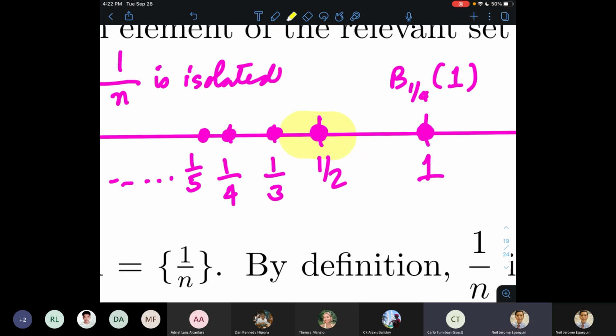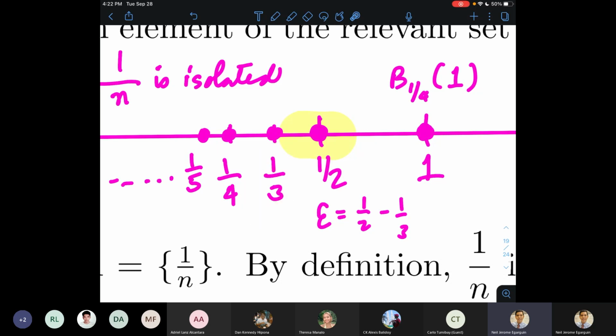Right, exactly. So Carlo is suggesting that for 1/2, I use my epsilon to be 1/2 minus 1/3. Kasi yung 1/2 minus 1/3, that represents the distance of 1/2 from its nearest neighbor, right? So ito si 1/2, ang pinakamalapit niyang kapitbahay ay si 1/3.